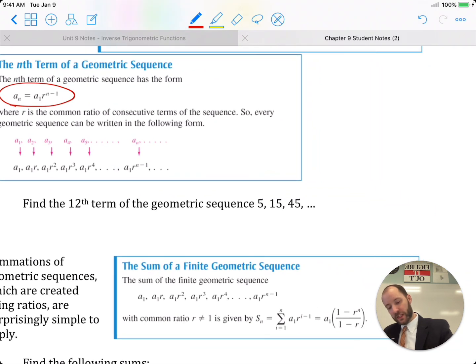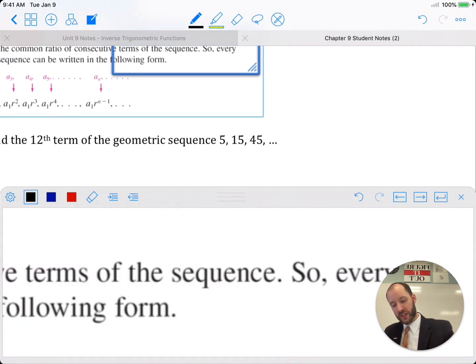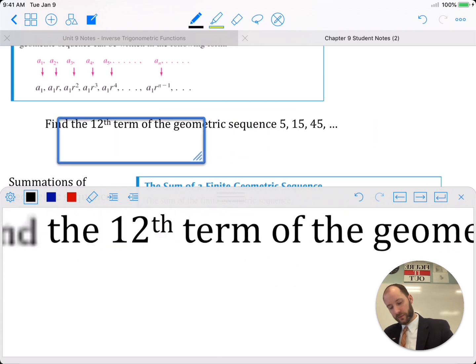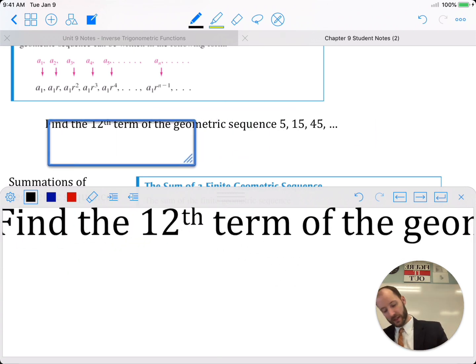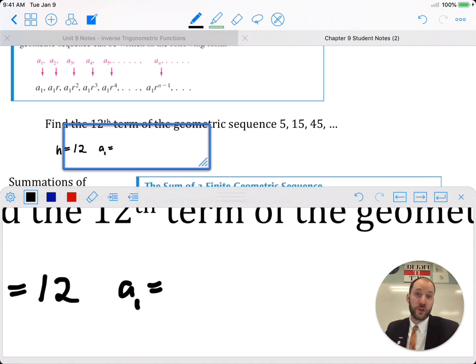So, finding the 12th term of the geometric sequence that starts with 5, 15, and 45. We want n to be 12. We have a sub 1, what we're starting with, which is our first term in the sequence we're given, that's 5.